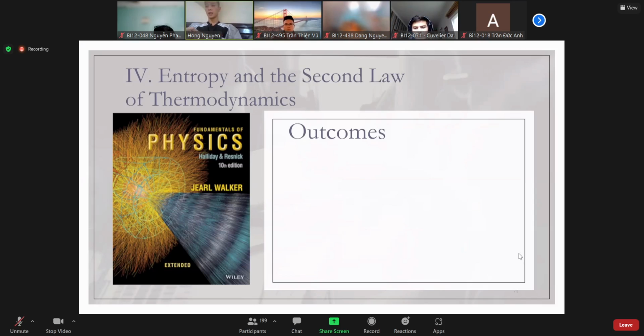Entropy, but I think you might already have heard about this word, even before you learn it. The famous entropy, what is it? We are going to find out today in the last session for thermodynamics.